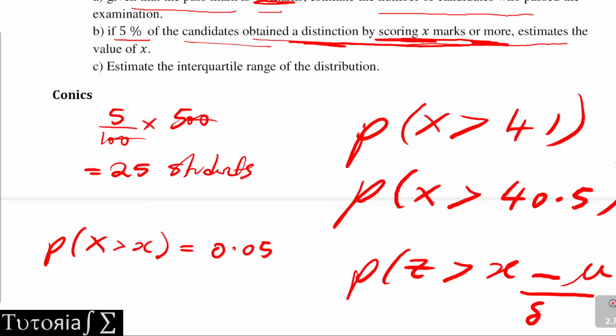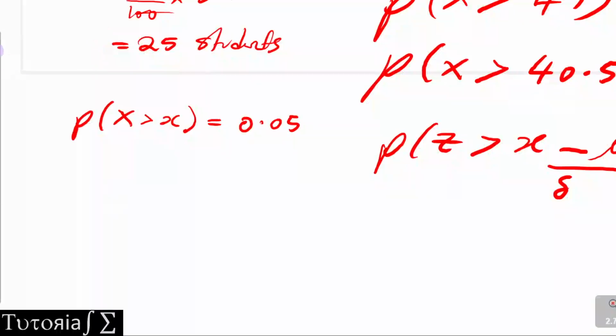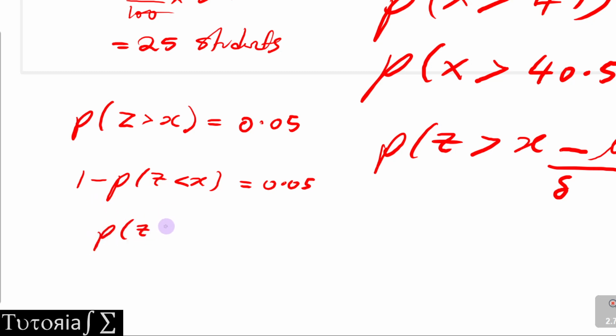Okay, so what we do is first of all, actually we're looking at Z, since we have the area here. So we say Z greater than that. So we change this to a less than. It will be 1 minus the probability of Z less than x equal to 0.05. Then we transpose, this is the probability of Z less than x equal to 1 minus 0.05.